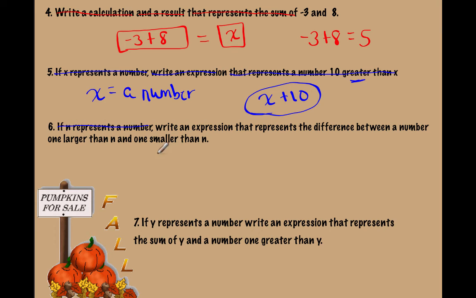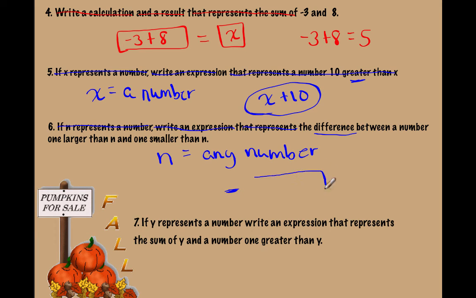If n represents a number, all right, here's my n representing any number. Write an expression, awesome, no equal sign, that represents, okay, here we go. Read carefully. The difference. Difference means to subtract.